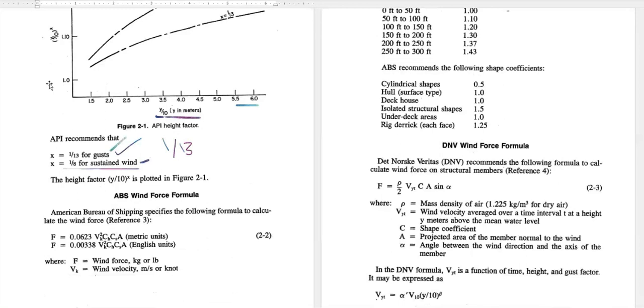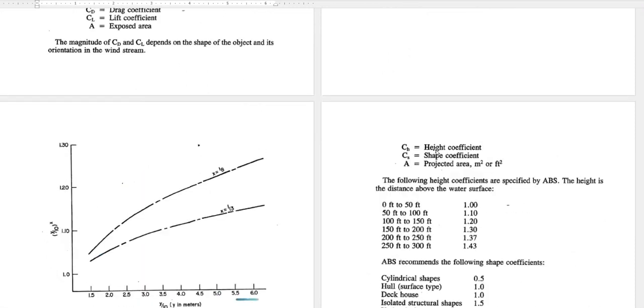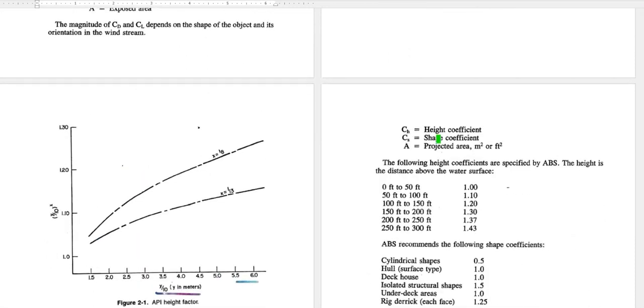And the ABS wind force also, if we see it, F equals 0.0623 Vk square. Vk square is the wind velocity, then CH and CS. CH is the height coefficient, CS is the shape coefficient, and A is the projected area.